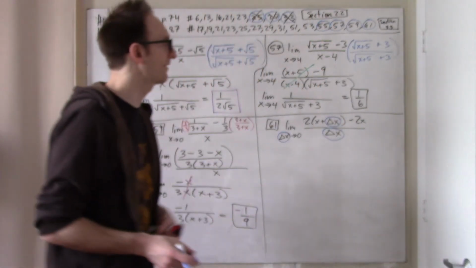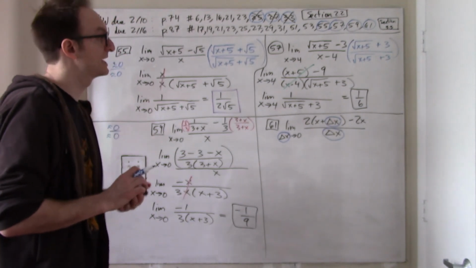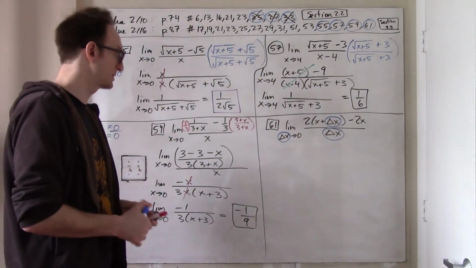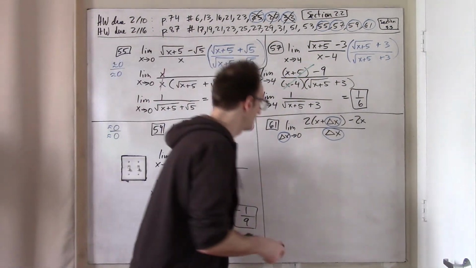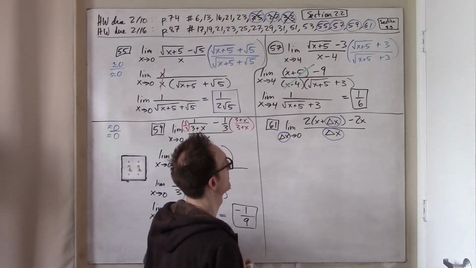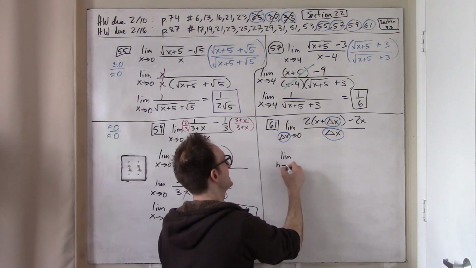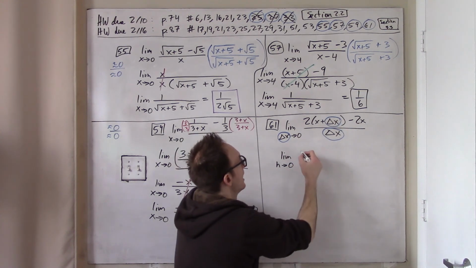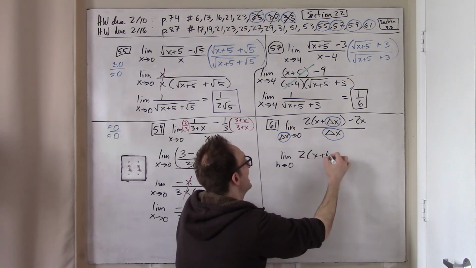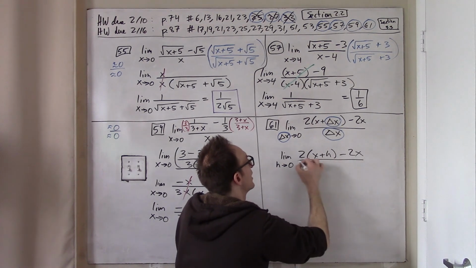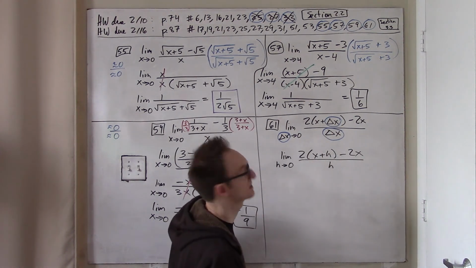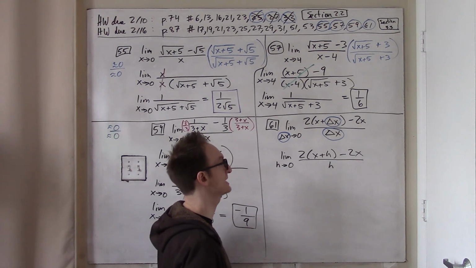It's just like a variable, totally distinct from x. In other words, if you don't like this, you might very well just substitute in some other variable: the limit as h goes to 0 of 2(x plus h) minus 2x over h. And this is precisely the same thing. I've just replaced every delta x with an h.